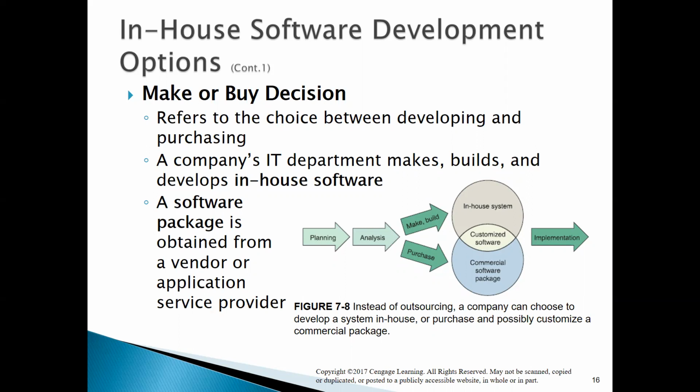If you have the finances, the people, and good management within the organization, then you can go ahead with the provided skills and try to make the software. If you don't have the resources, it's best you purchase software from a vendor or from an application service provider. And if any tweaks are needed, you can get it done directly by them.